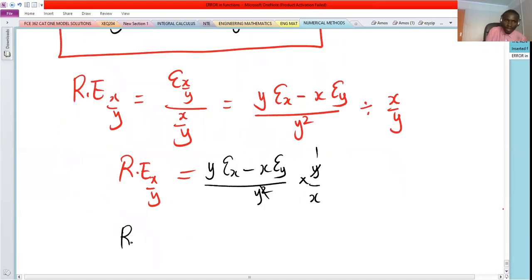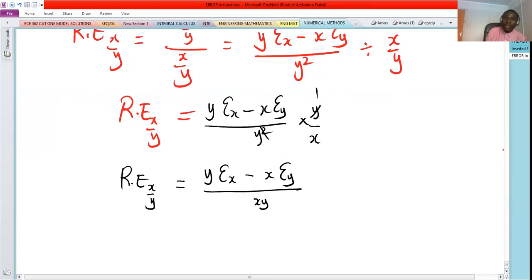So y times x is xy. This can be written as y error in x over xy minus x error in y over xy.